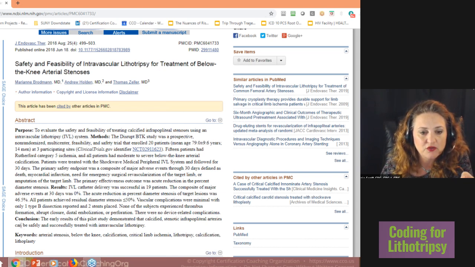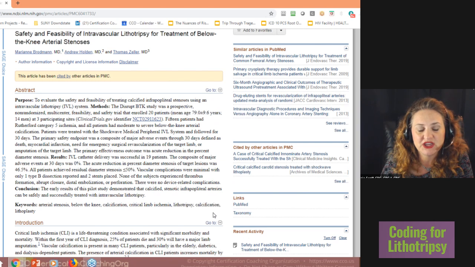Okay. Here's a conclusion. So you can read all of this, but the early results of this pilot study, because that's why they do these abstracts, demonstrated that the calcified stenotic infrapopliteal arteries can be safely and successfully treated with IVL. Then here's our keywords for search engines and stuff like that.